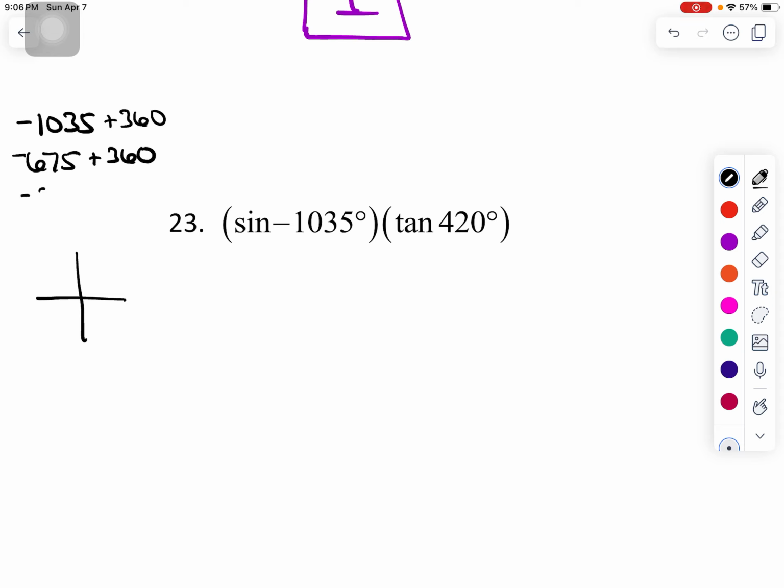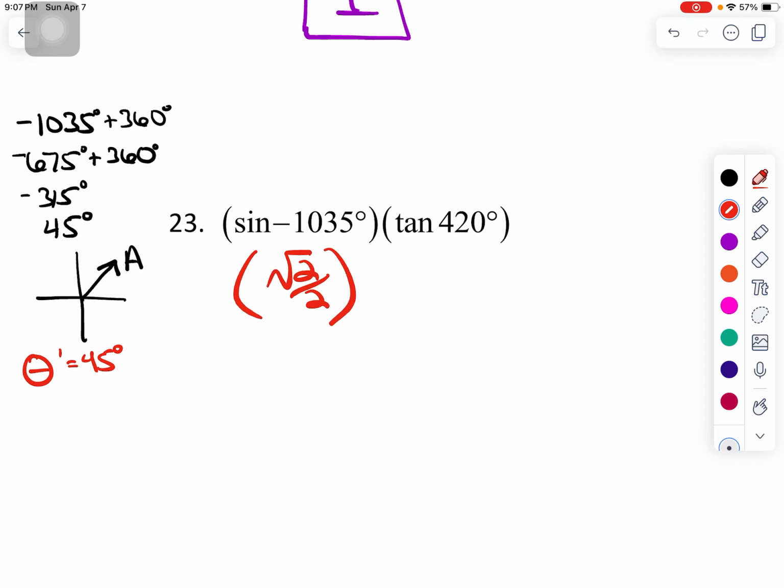So that got me negative 315. If I add another 360, hey, look, I've got a 45-degree angle. And all of these are in degrees. So 45 degrees means I am sitting right in quadrant number 1. That's everything is positive, and my reference angle is 45 degrees. So the sine of 45 degrees is going to be root 2 over 2.